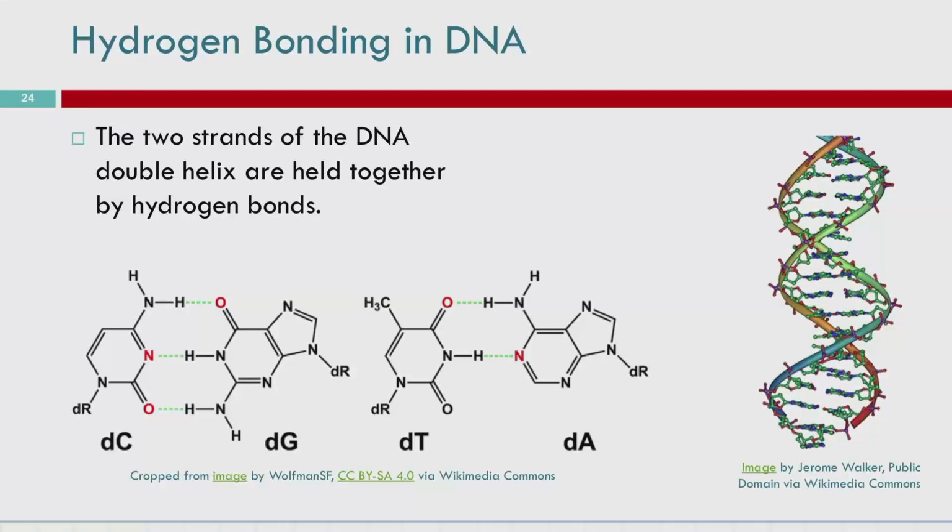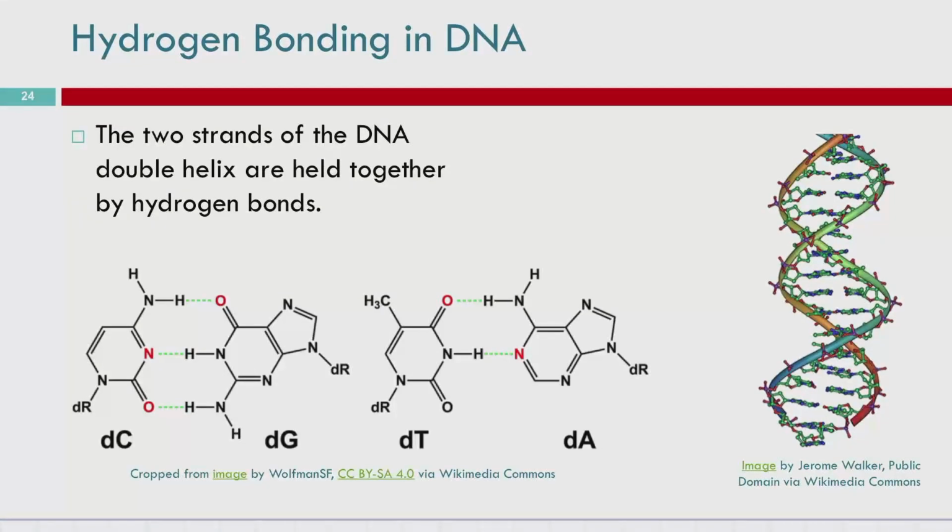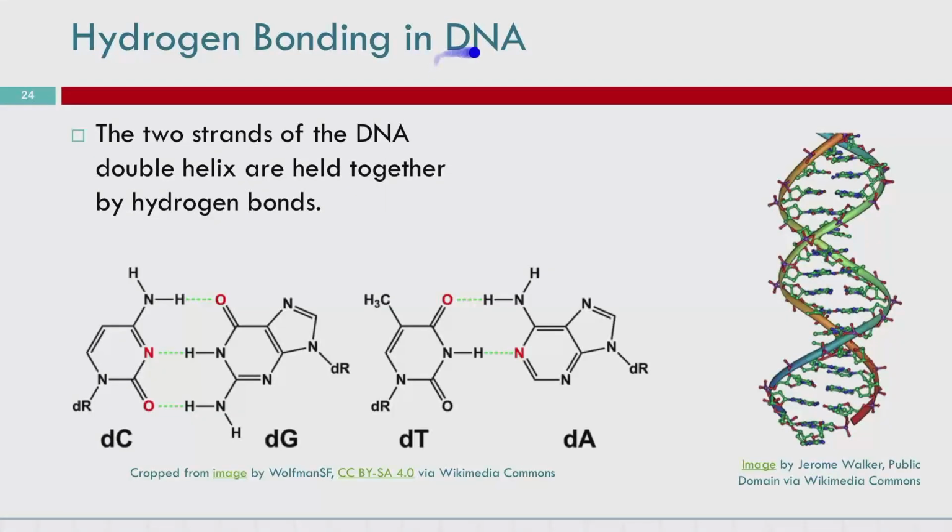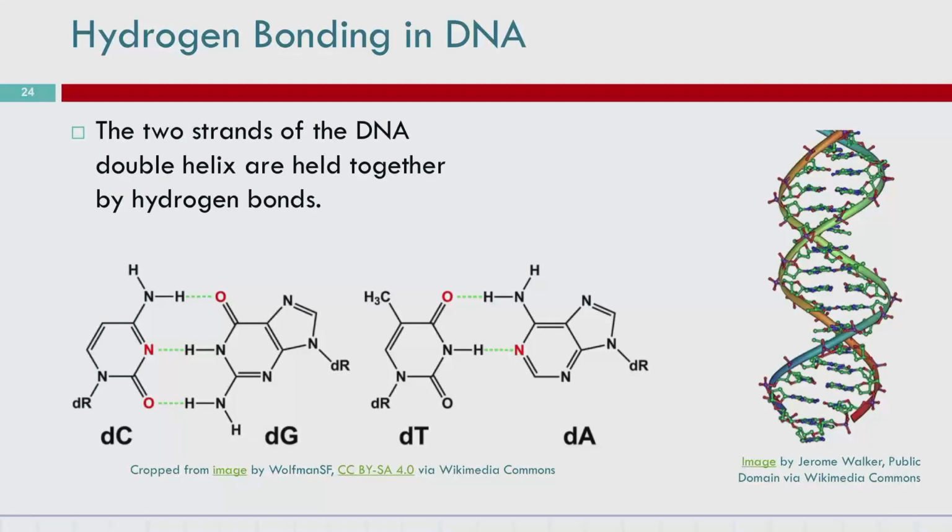Hydrogen bonding shows up in biology. We have hydrogen bonding all over inside of us, partly because we have lots of water in us, but it also keeps our DNA together. So the 2 strands of DNA in the double helix pictured here on the right are held together by hydrogen bonds. Different base pairs have access to things that can do hydrogen bonding.